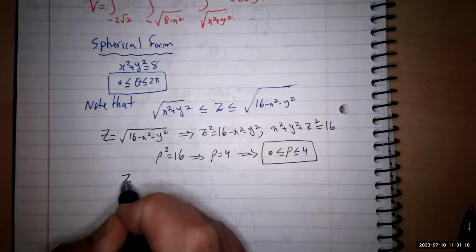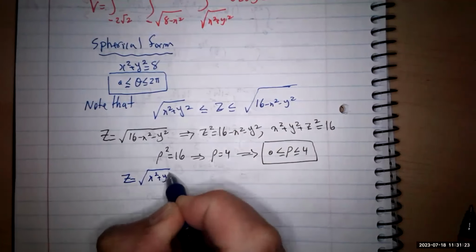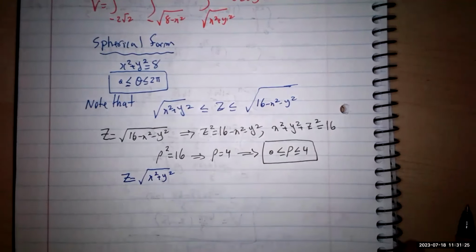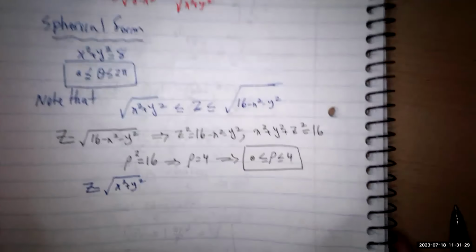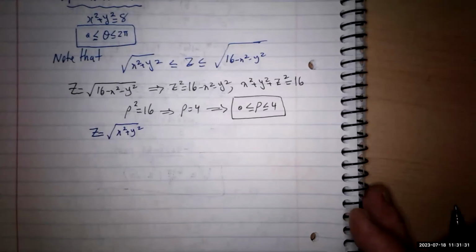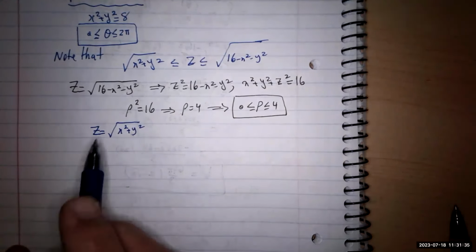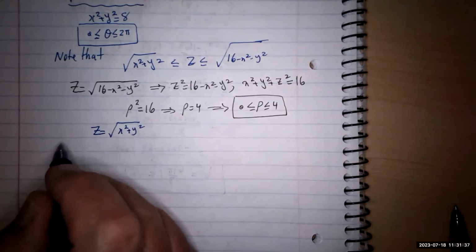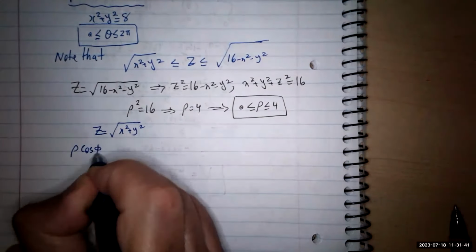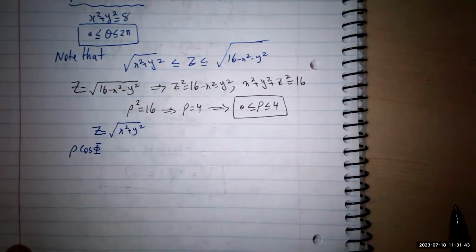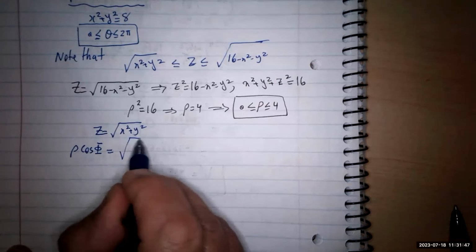So the other condition is that z is equal to the square root of x squared plus y squared. Now substitute from the spherical coordinates over here. Remember the formulas, substitute for all of them. Remember z was rho cosine of phi, so substitute for the x and the y. Okay, so this is it.